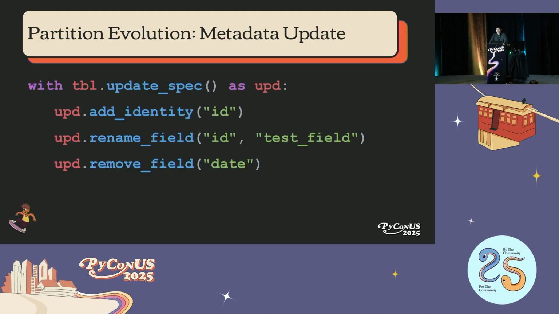All your existing data files will remain in their partitions at the time they were added to the table. Only new data added to the table after the partition strategy update will respect the new partition strategy. This eliminates the need to rewrite your whole table if you just want to change your partition strategy.